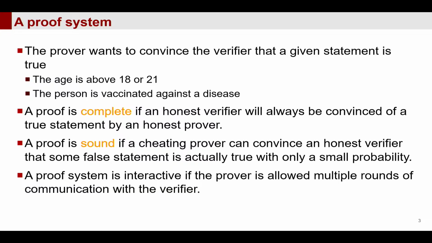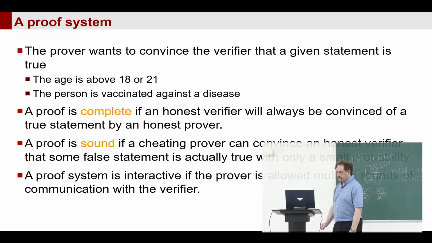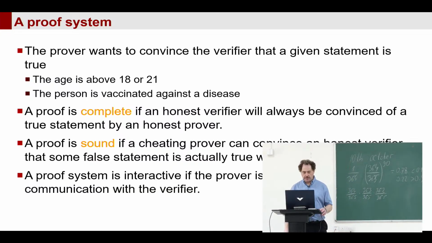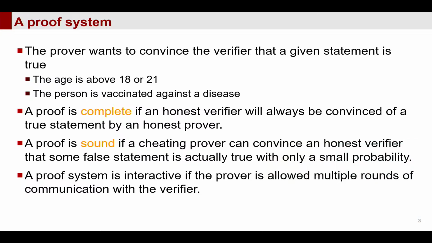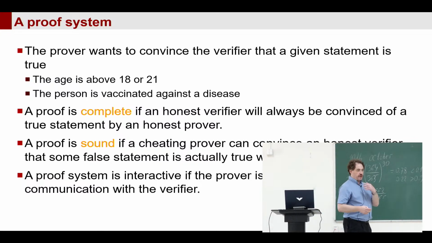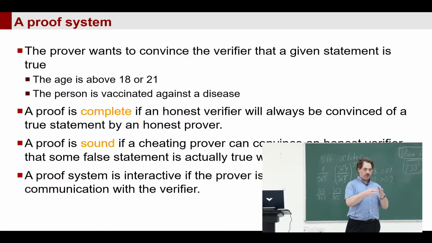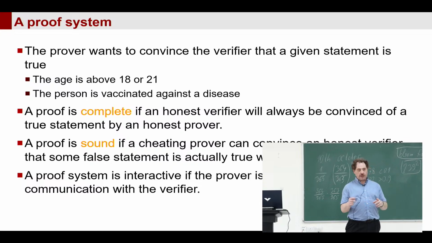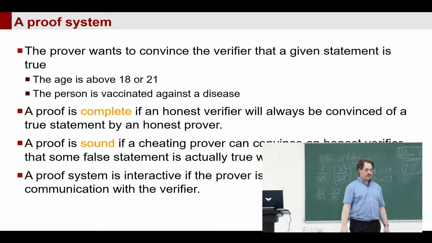I am not requesting that the probability be 0. I'm okay with a small probability of cheating. Now, a proof system is interactive if the prover is allowed multiple rounds of communication with the verifier. It's like a security check: first question, you answer; now the second question; now the third question. That's an interactive proof.